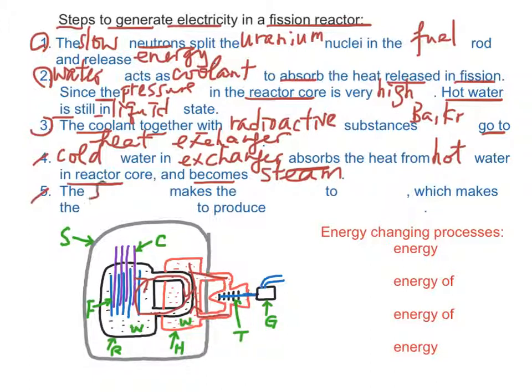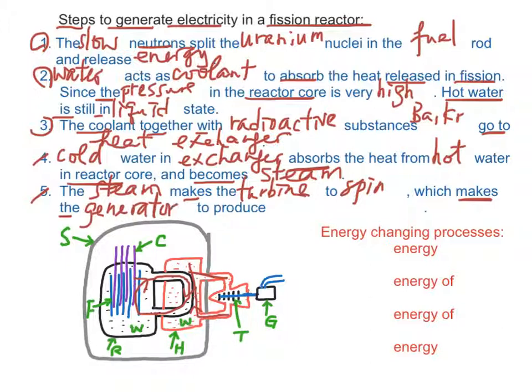Then the steam makes the turbine spin, which makes the generator produce electricity.